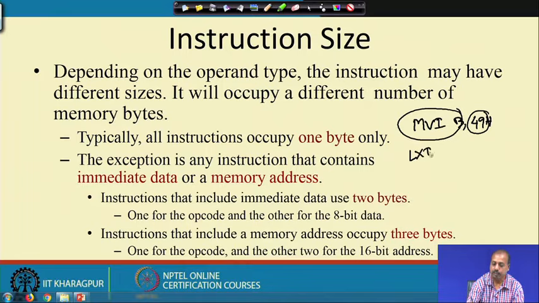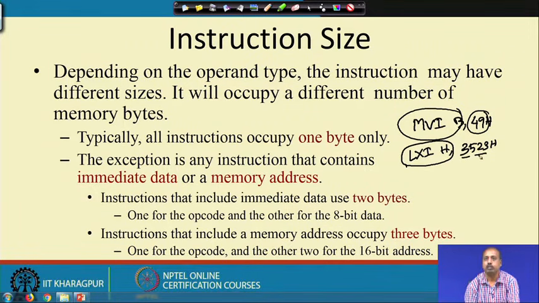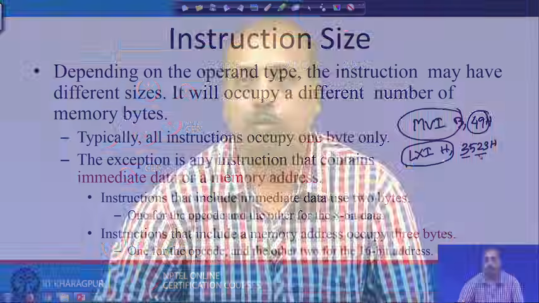Similarly, take the LXI instruction, for example, LXI H comma say 3523 hex. This will occupy 3 bytes, because the LXI H part will take 1 byte, and 3523 is one 4 digit hexadecimal number. 2 hexadecimal digits can be put into 1 byte, so total 2 bytes are needed for the hexadecimal address part itself.